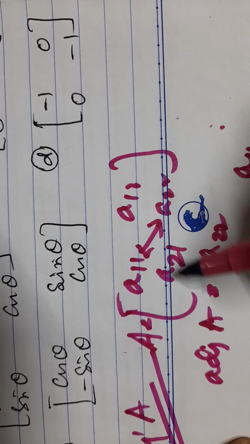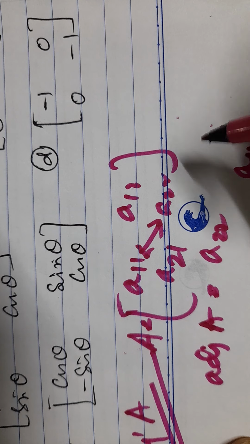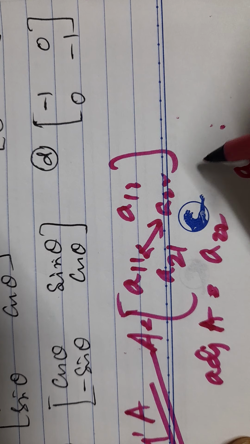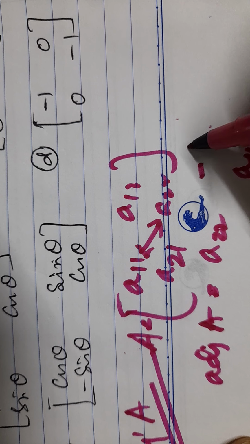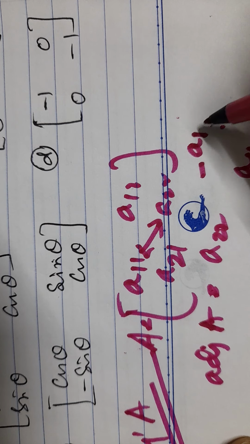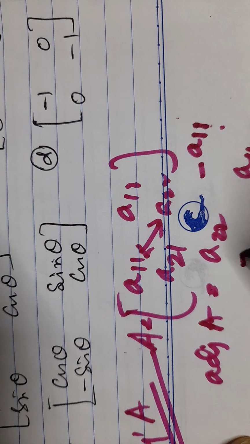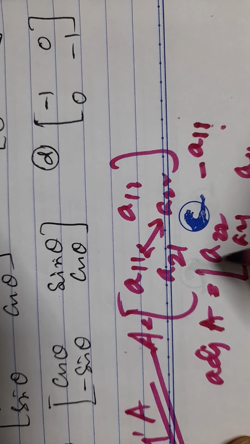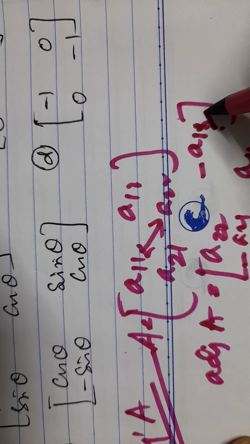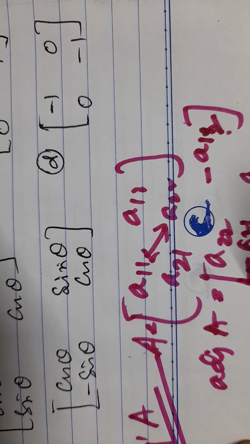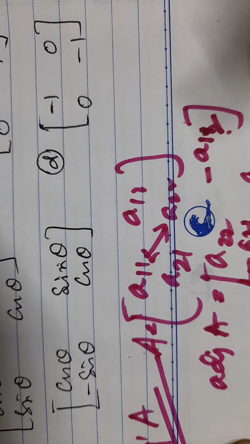The principal diagonal elements are interchanged, and the non-diagonal elements stay the same, only their signs change. A12 and A21 get their signs changed: if positive then negative, if negative then positive.